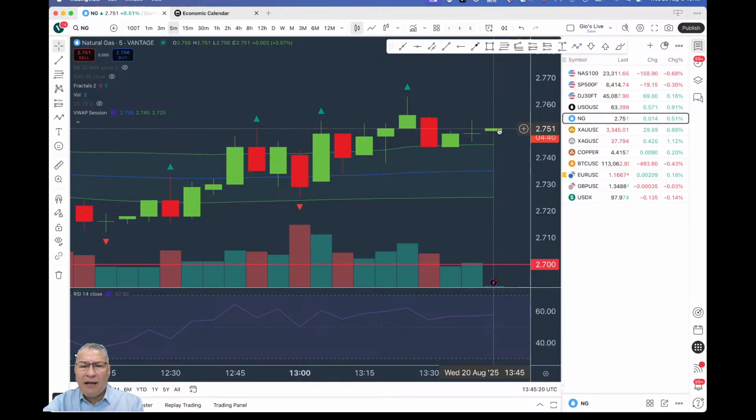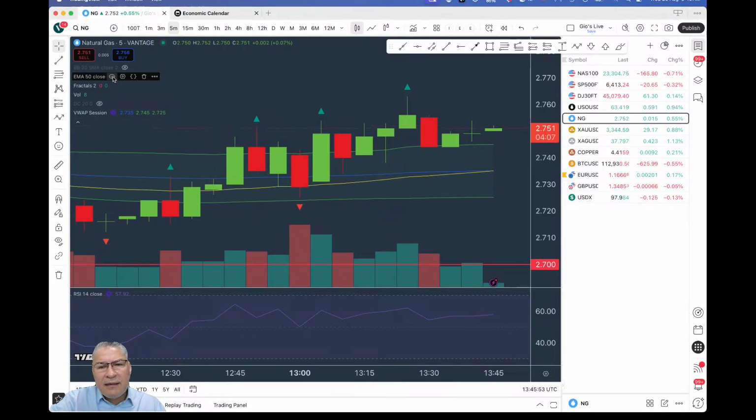So if we do decide to enter long, our next target would be the previous high, the fractal high. In this particular case, one of the trade setups for using the fractals is that you want to confirm price is above a moving average, so I'm going to activate my 50-day moving average, and we see that price is above an EMA.